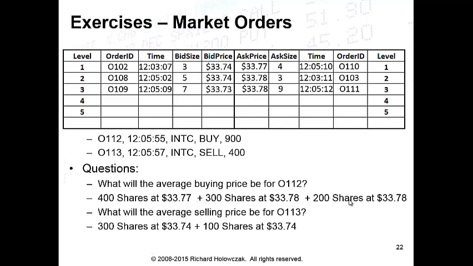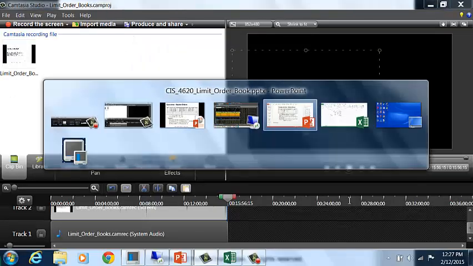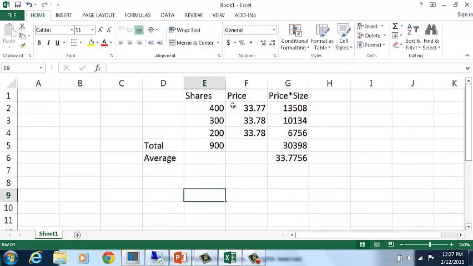So that's actually a little bit more math than what I can do in my head. And so what I've done is a quick spreadsheet. So here's 400 shares at 33.77, and we multiply those together. Here's 300 shares at 33.78. We multiply those together. And here's 200 shares at 33.78, and we multiply those together.